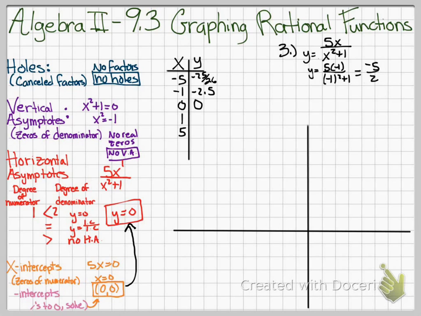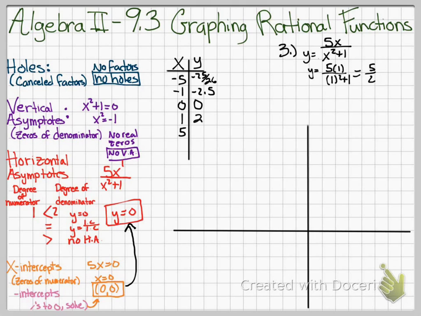Either way you want to write it is fine. The next number we'll plug in is that positive 1. So we get 5 times 1 over 1 squared plus 1, so we get 5 over 2, positive 5 halves for this one.